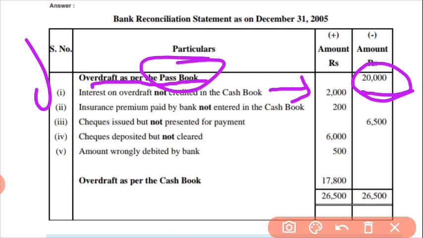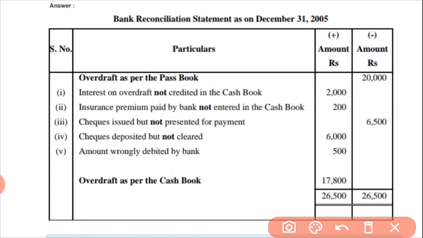After that, insurance premium paid by bank but not entered in the cash book, so it would be recorded in minus as per cash book, but here we are preparing as per passbook, so it will be recorded in the plus item.